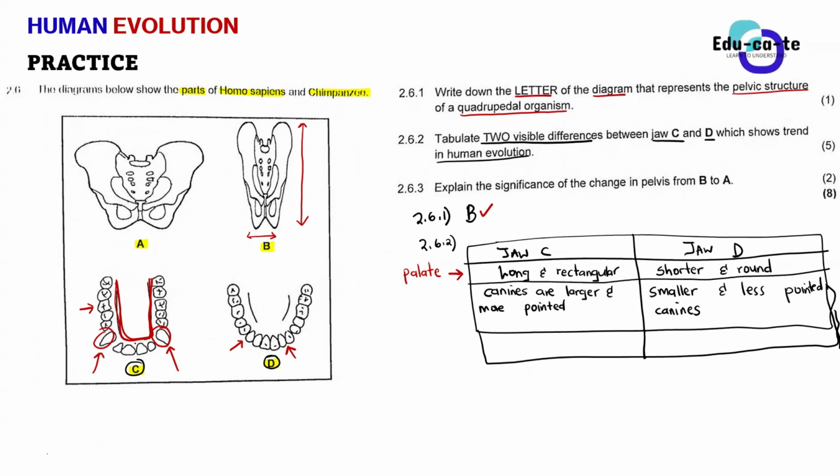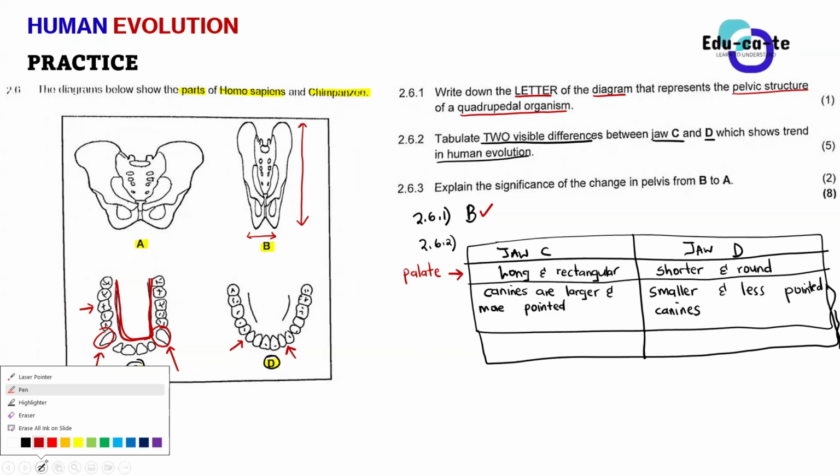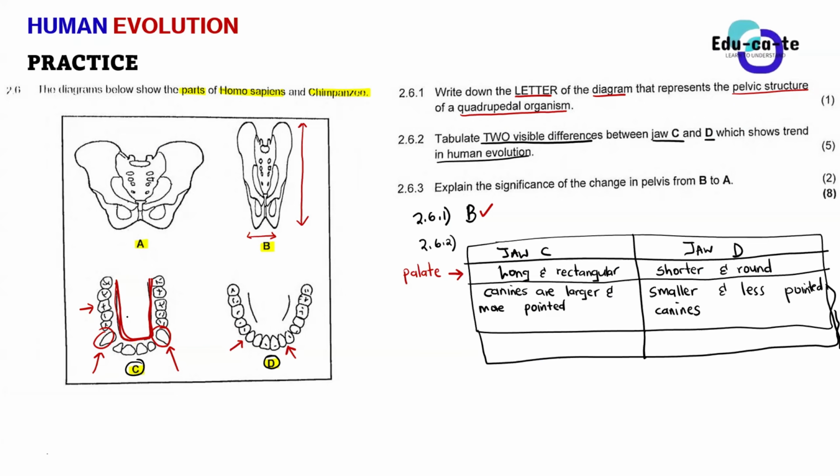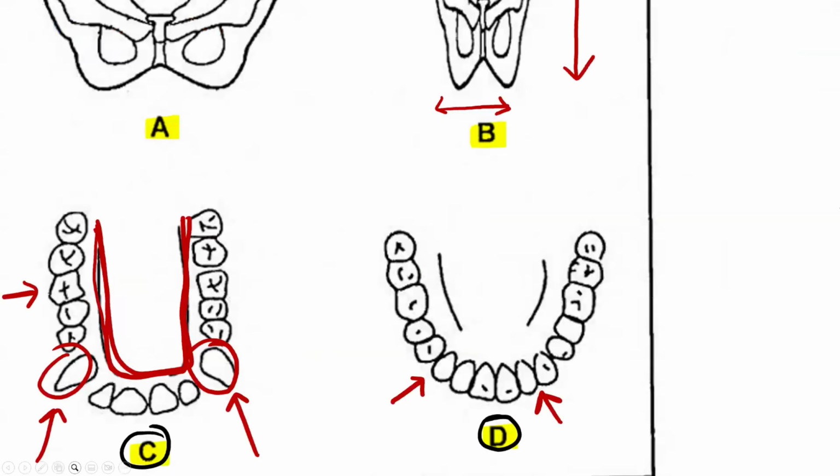So to talk about the gaps in between the teeth, that there are no gaps for C. Yes, exactly. Less gaps. So when you look at the teeth of jaw C here, jaw C has teeth and there are gaps in between. There are gaps in between the canines, all right?